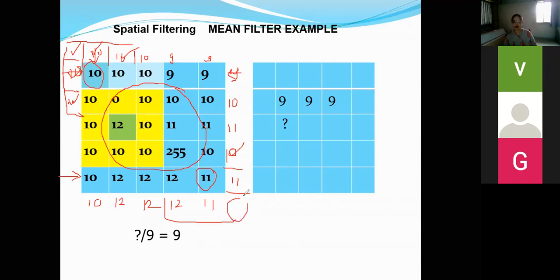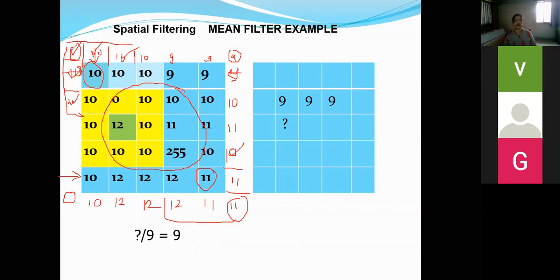And for these corners, again, there won't be any data in the corners. For corners, you can assume the average of the two neighboring pixels. So here 11 and 11, the average of these two is 11. Here you can assume the average of 9 and 9, so the average is 9.